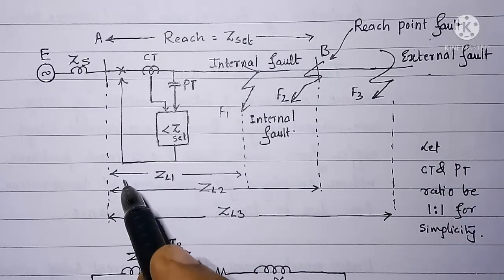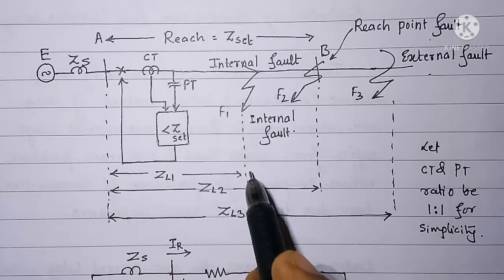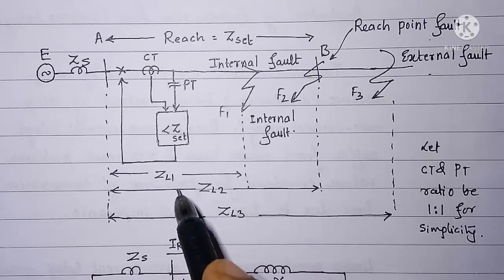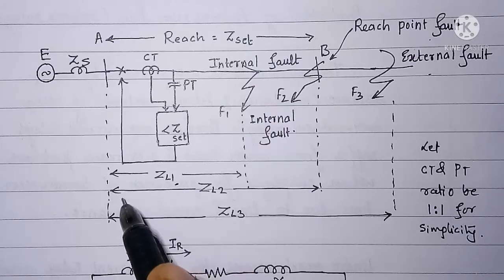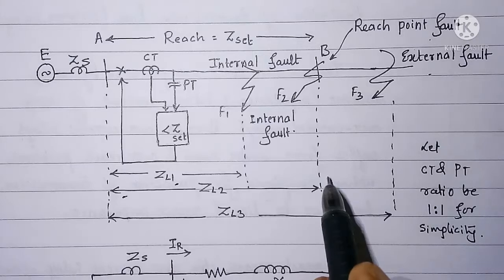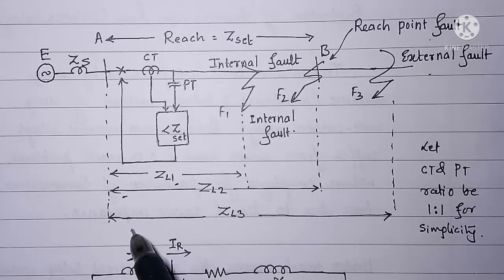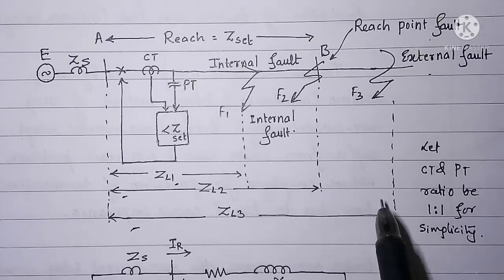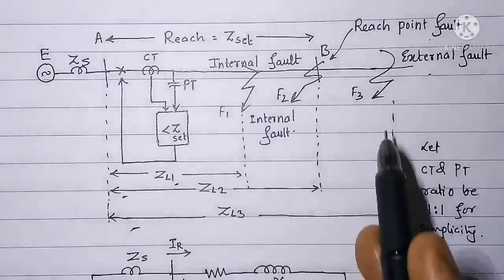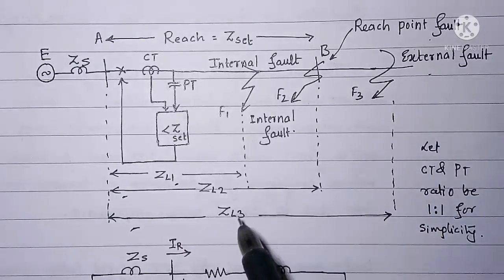Say the impedance between bus A and fault point F1 is ZL1 and the impedance between bus A and fault point F2 is ZL2. Similarly, let the impedance between bus A and external fault F3 be ZL3.